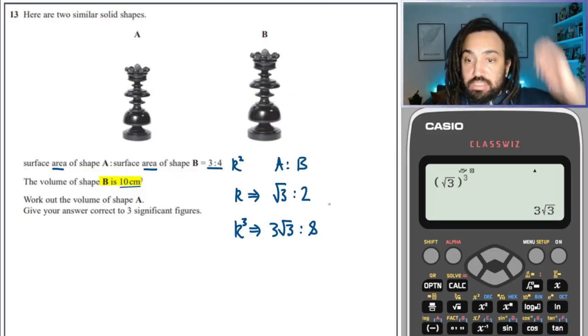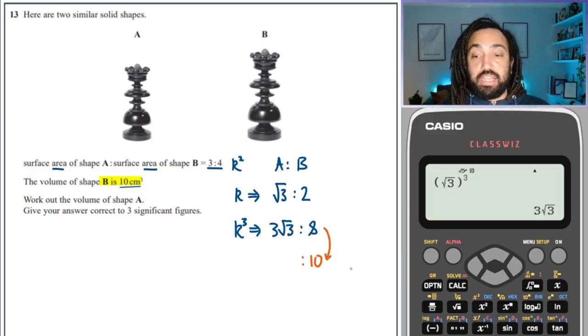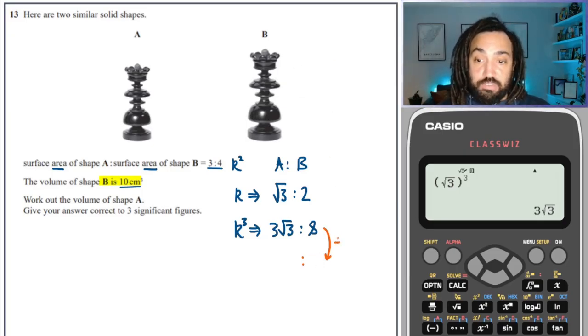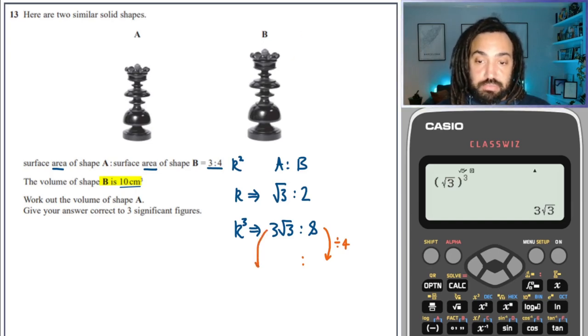Okay, so what I can do here is I can just use some ratio skills here. How can I get this to be 10? What do I have to multiply by? Well, first off, before I get to 10, I can divide both sides by 4. And that will give me 2 on this side, and it will give me whatever this is. It will be 3 root 3 over 4. It's fine.